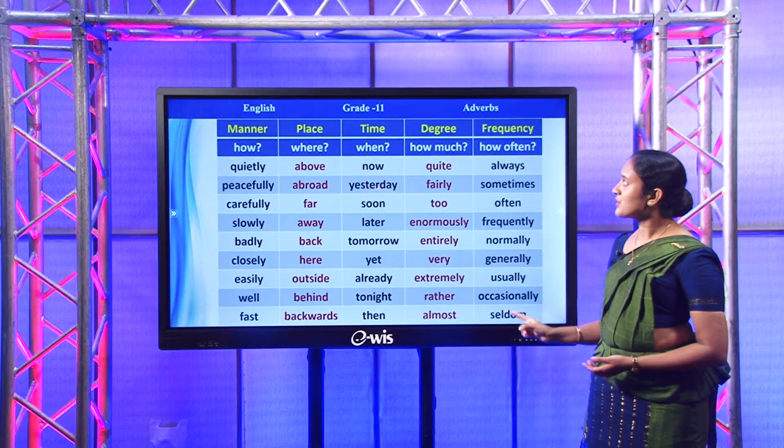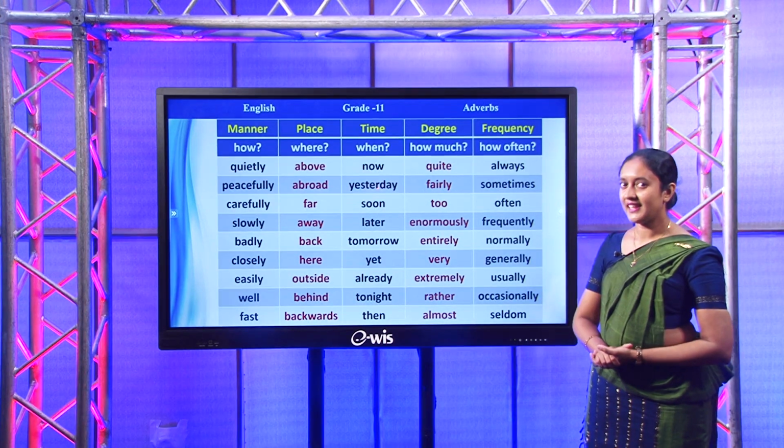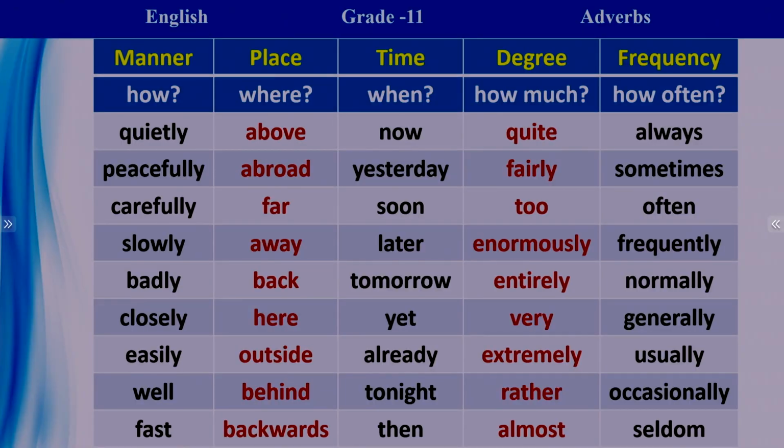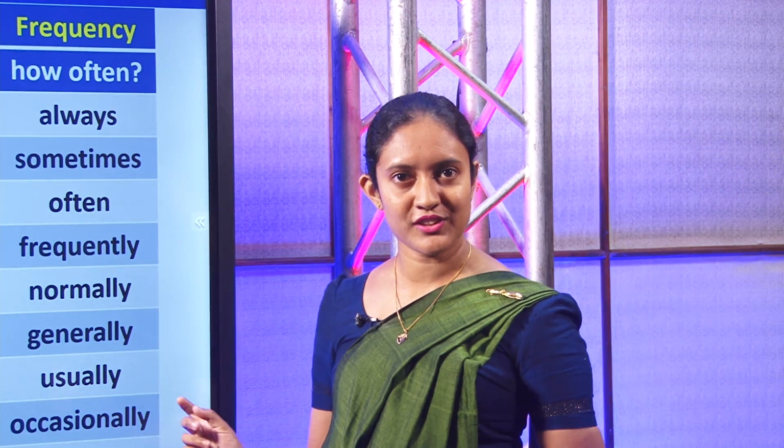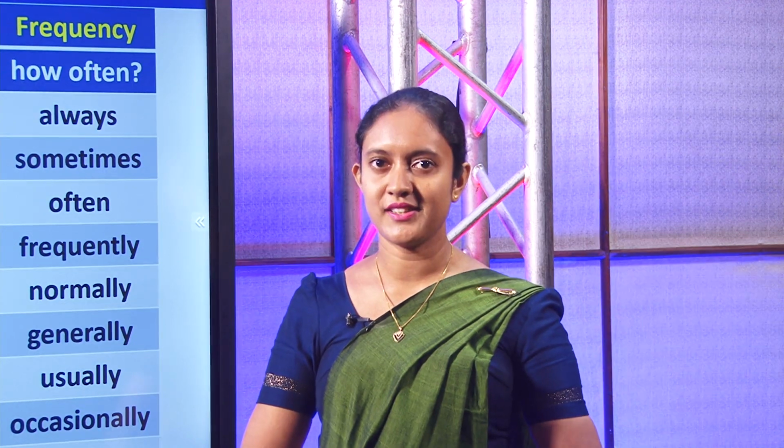And the next column shows you what? They are adverbs of degree. Let's see the examples. Quite, fairly, too, enormously, entirely, very, extremely, rather, almost. The last column shows you the adverbs of frequency.